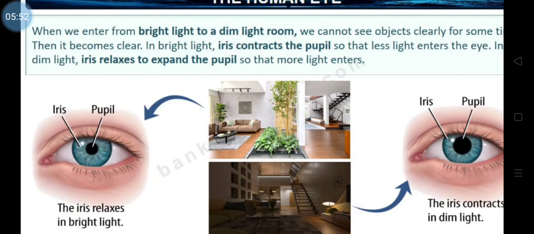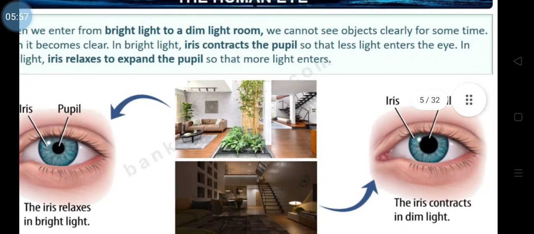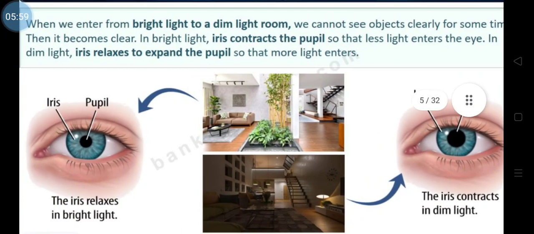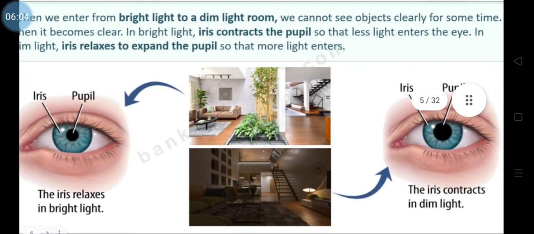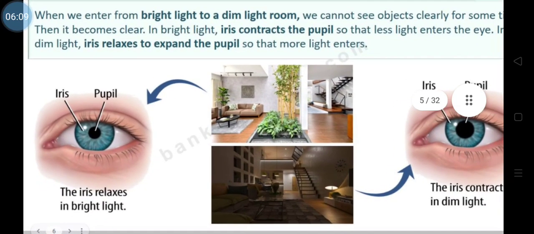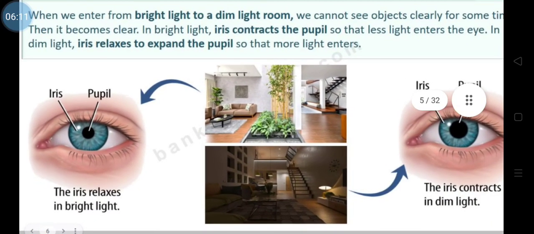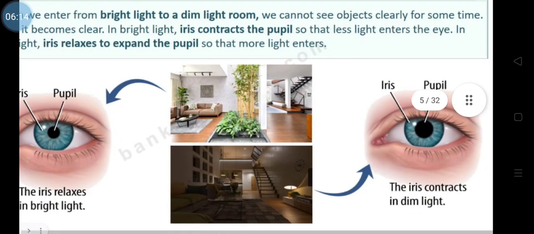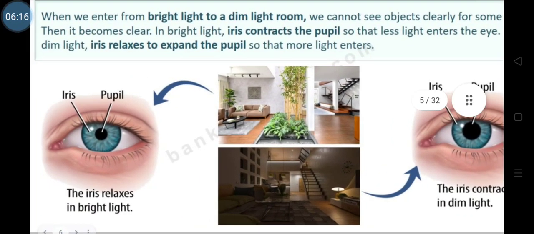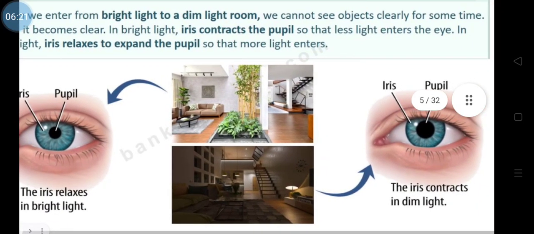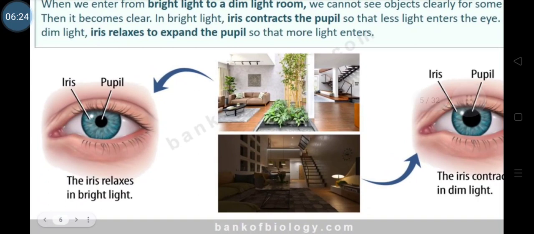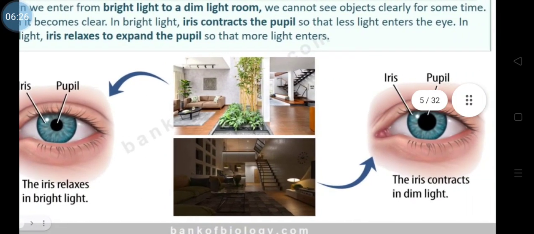So when we enter from a bright light room to a dim light room, we cannot see objects clearly for some time, like it happens in a movie theater. So we go from the bright light to the dim light, and we cannot see objects clearly for a few seconds, then it becomes clear. In bright light, what happens? The iris contracts the pupil.